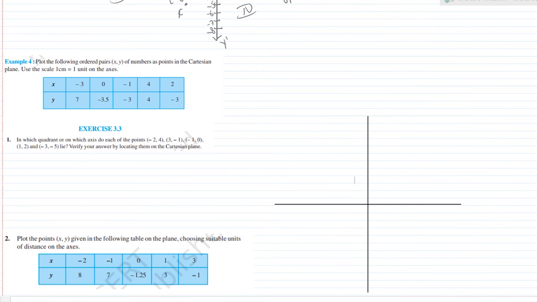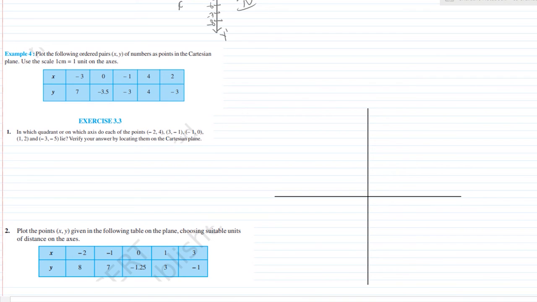So in the next question, we'll name the points as A, B, C, D and E. So point A is minus 3 comma 7, because it's always in x, y format, and point B is 0 comma minus 3.5, and point C is minus 1 comma minus 3, and point D is 4 comma 4, and point E is 2 comma minus 3, right?